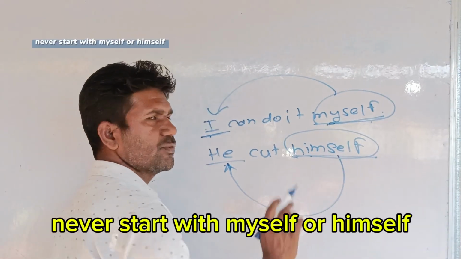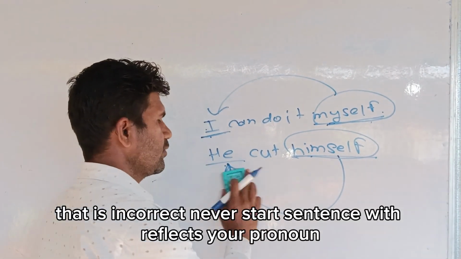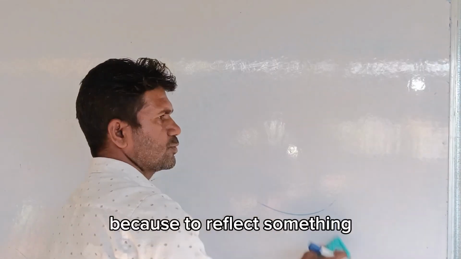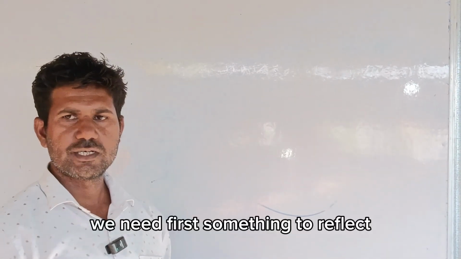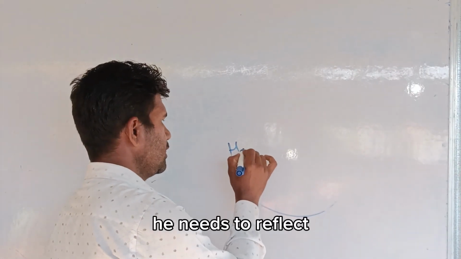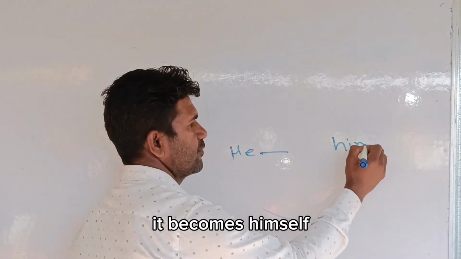It never starts with myself or himself. That is incorrect. Never start a sentence with a reflexive pronoun, because to reflect something we first need something to reflect. He needs to reflect. It becomes himself.